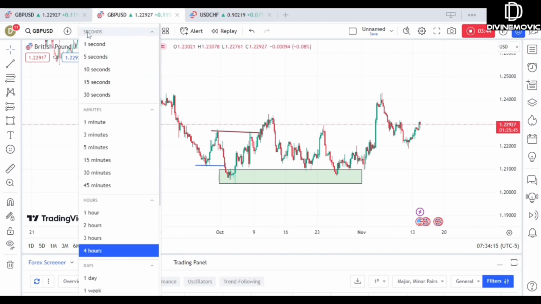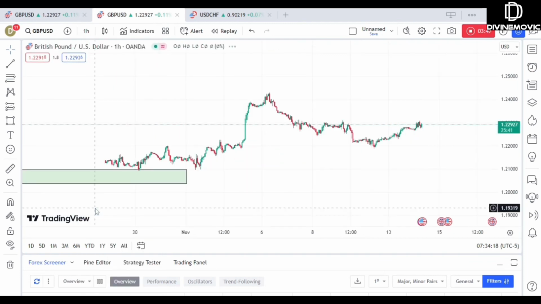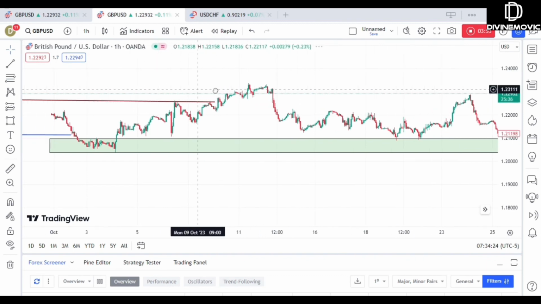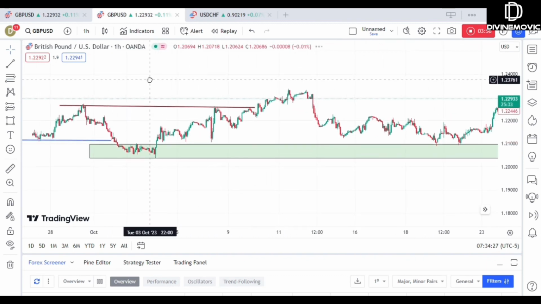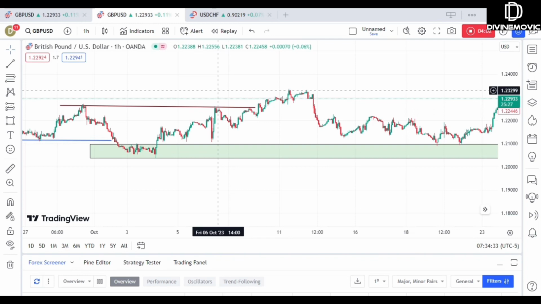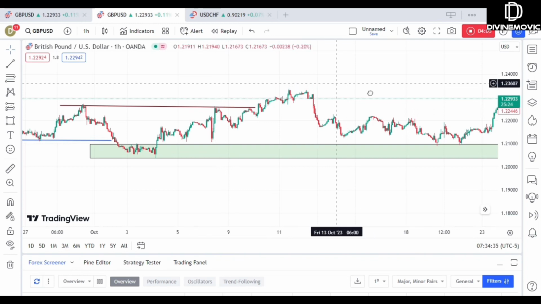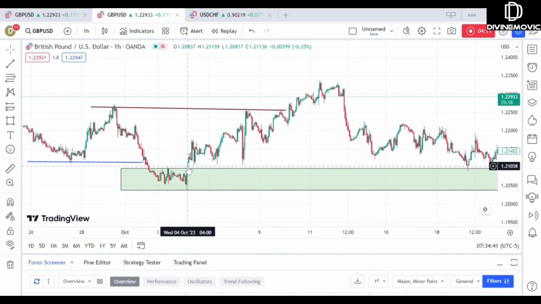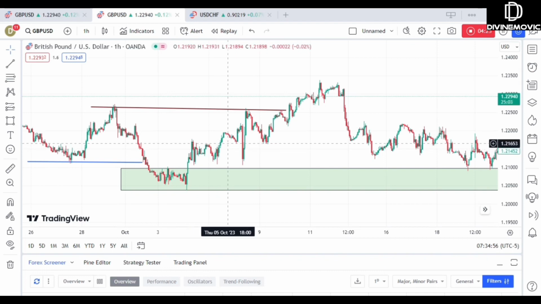Let me switch to the 1 hour time frame so we'll study it together and see what I'm saying. If you look closely on this trend, you see that price was creating an internal change of character, and that occurred when price took out this high here and gave us this other order block.